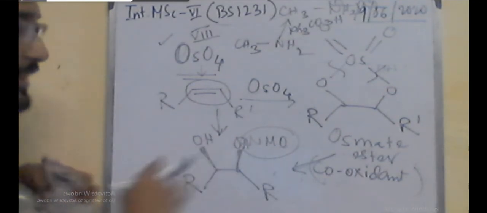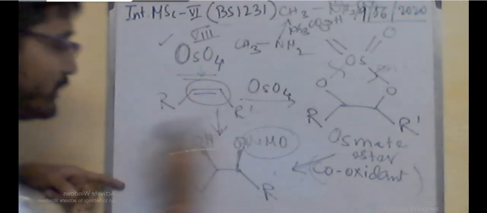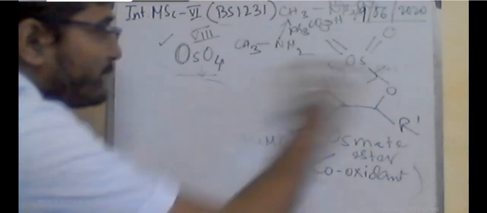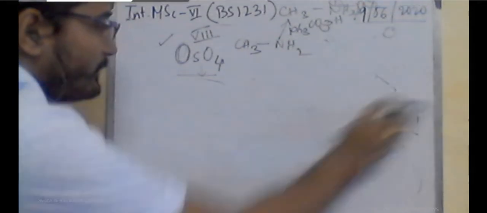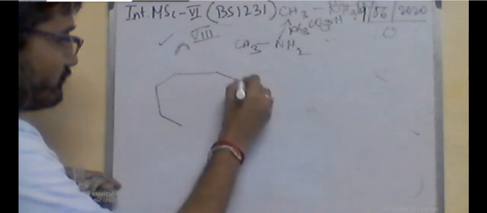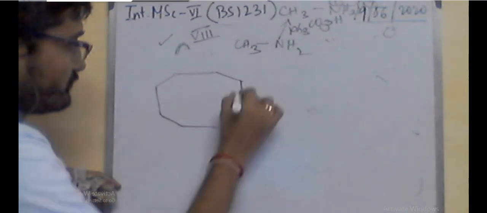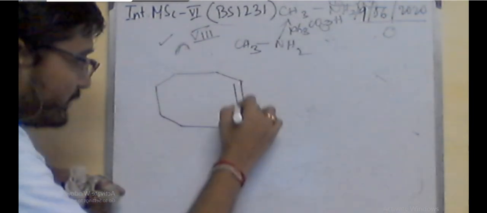In this case, if I use alkaline KMnO4, and in the example you can see Bu4N+ Cl minus, tetrabutyl ammonium chloride, is used. Basically this acts as a phase transfer catalyst.